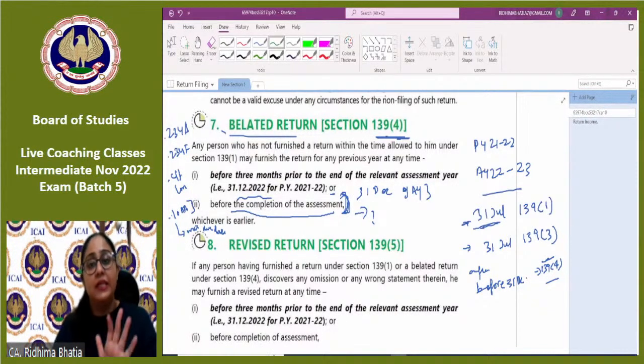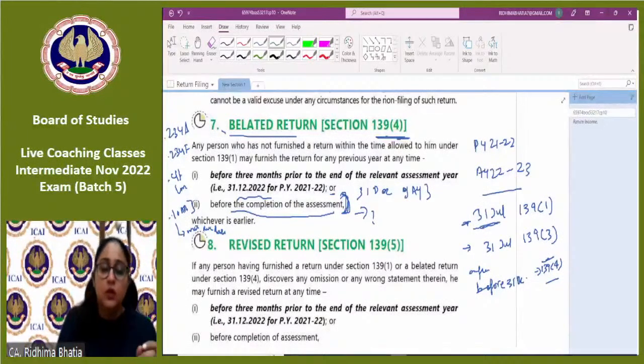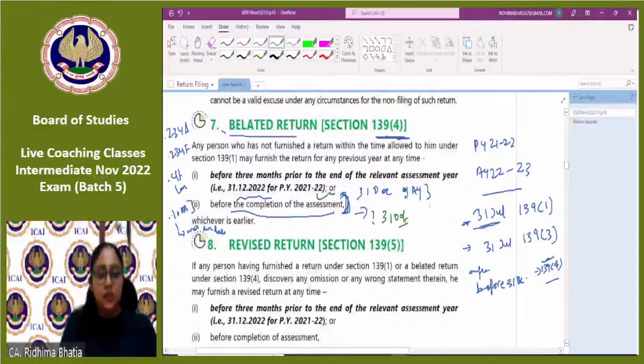So if they assess your income and close the final assessment by passing an order, and that happens before 31st December, say 31st October they filed the order, so you cannot file a belated return beyond 31st October.